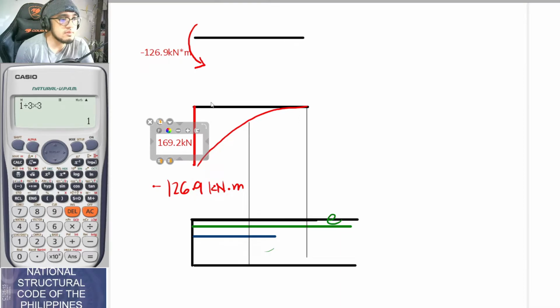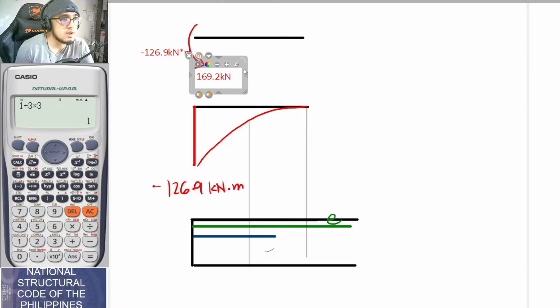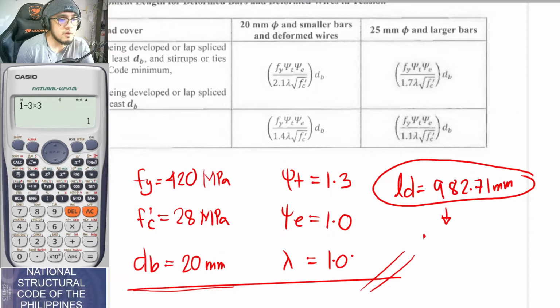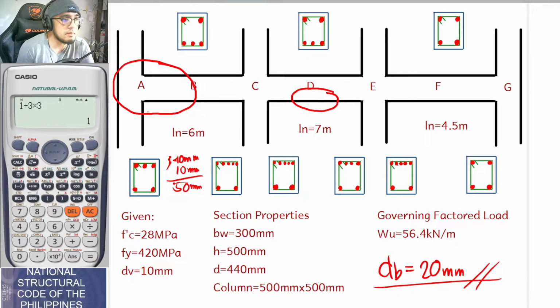So this is now its reaction at this portion, and you have your vertical reaction here. Aside from those, you also have your uniformly distributed load as given by the problem.